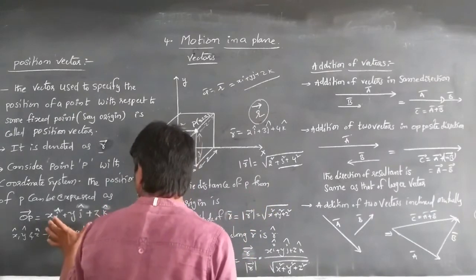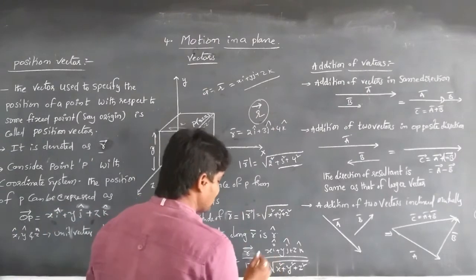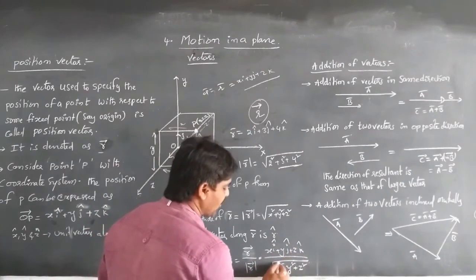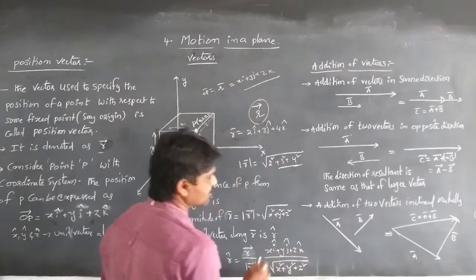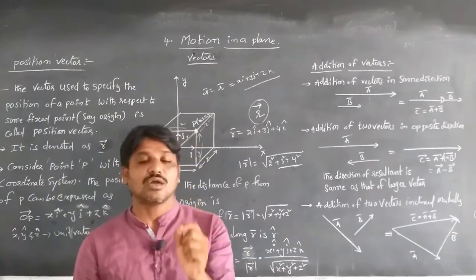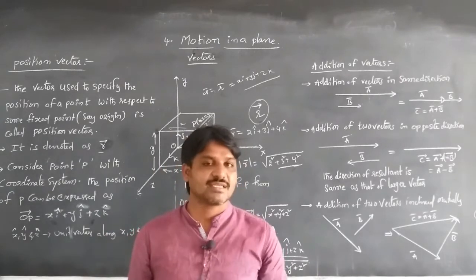we know that r bar is xi plus yj plus zk for the position vector. Then r cap is xi plus yj plus zk by root of x square plus y square plus z square, the equation for the unit vector of a position vector r bar.